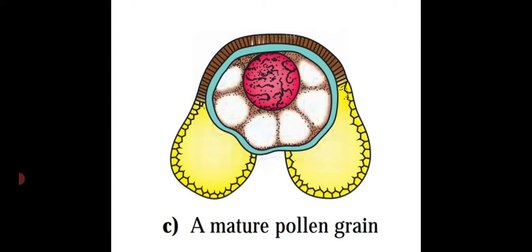Then the outer surface shows a wing-like structure, so that the pollen grains are lightweight and carried away by the wind. So the pinus plant shows wind pollination to transfer the pollen grains from the male cone to the female cone of a pinus plant.